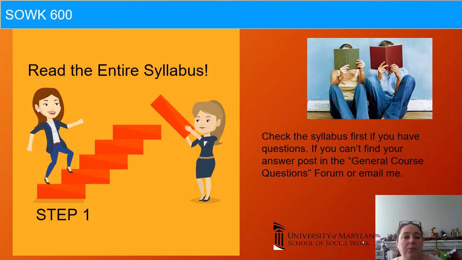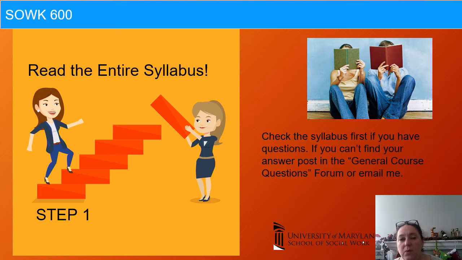Throughout the course, you'll probably have questions that come up. So I advise you to go to the syllabus first and look for your answer. If you can't find it, then there's a couple of different ways to contact me, which we will talk about in detail in another slide. But in the discussion board section, which you'll see on the left-hand side of your menu in Blackboard, the very first forum is a general course questions forum.